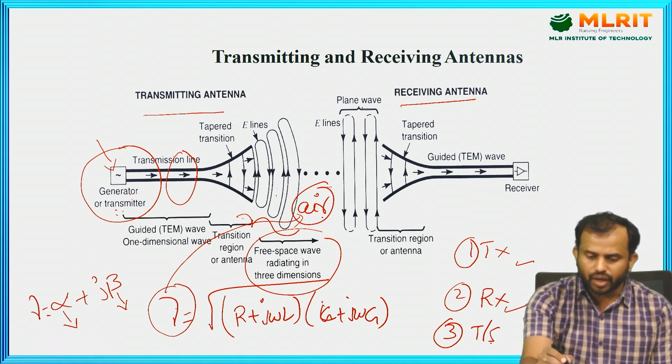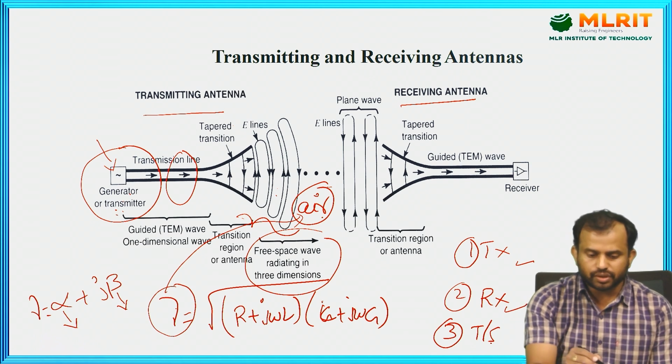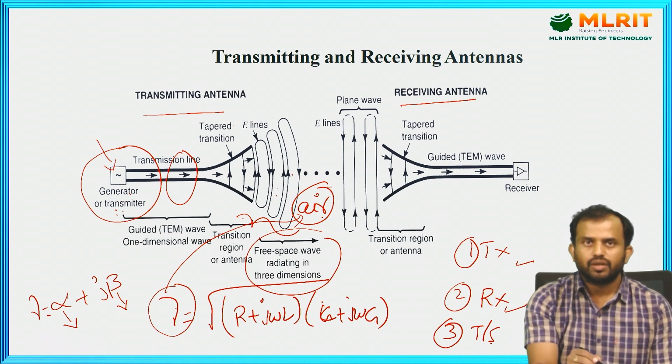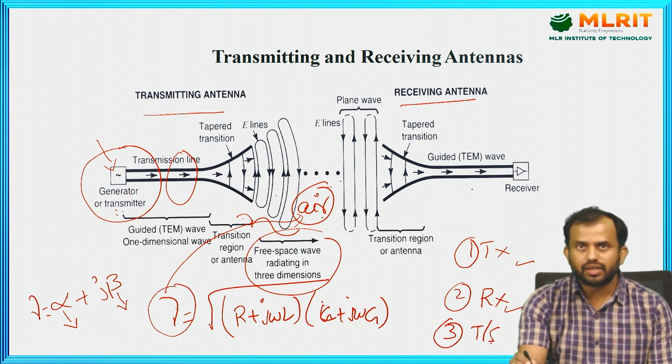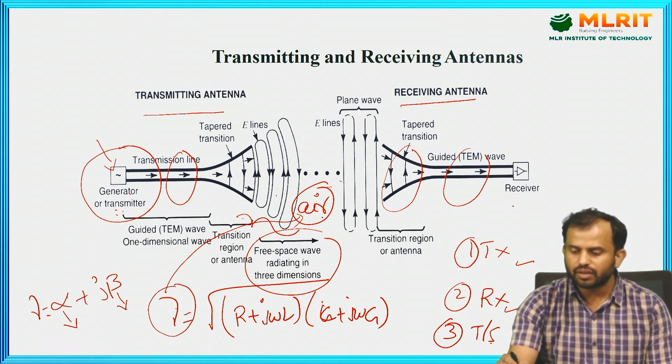Then we can receive it through the receiver section antennas. In the receiver section, the direction of propagation in the transmit section is into the free space medium, but in the receiver section the antenna receives the signal from the free space region. Here also we use the same components: the receiving section antenna, the respective transmission line and the receiver block.